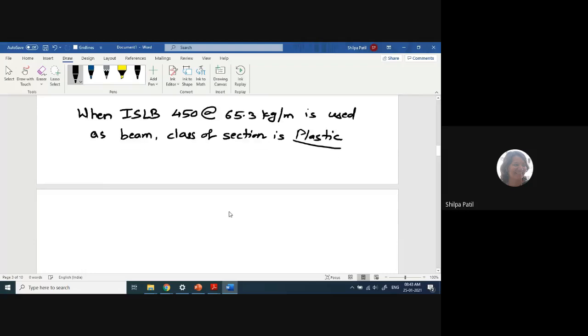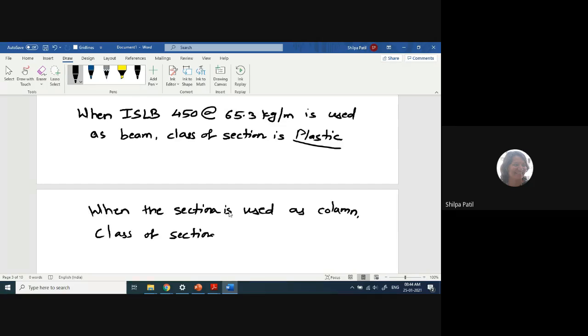When the section is used as a column, class of section is slender.